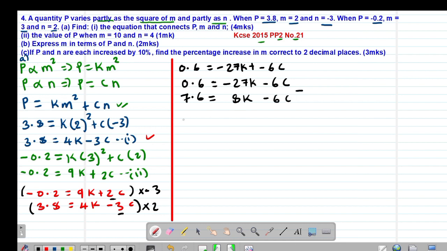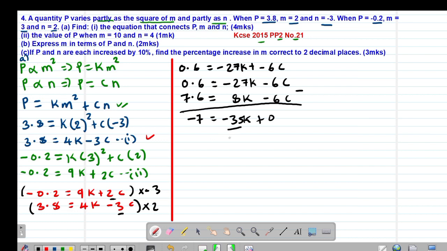Then if I subtract the two equations, I'm going to get the following. So I have 0.6 minus 7.6, I'll get negative 7. So negative 7 is equals to negative 27 minus 8, which is going to give me negative 35K, then negative 6C minus 6C, I'm going to get 0.